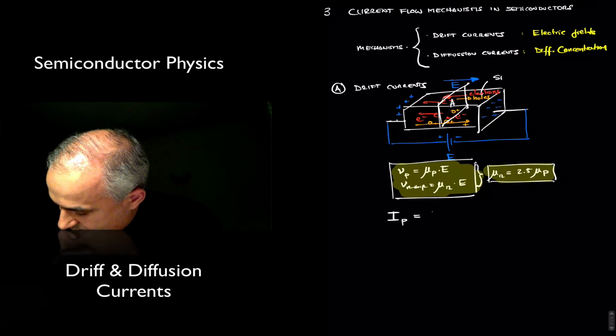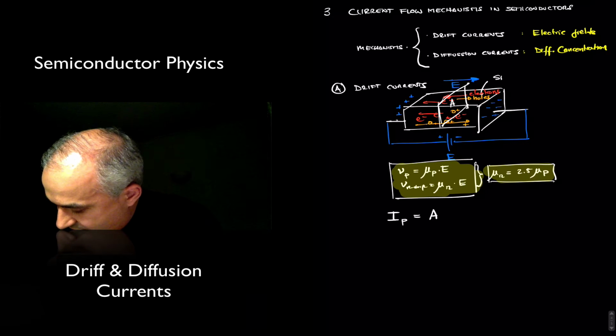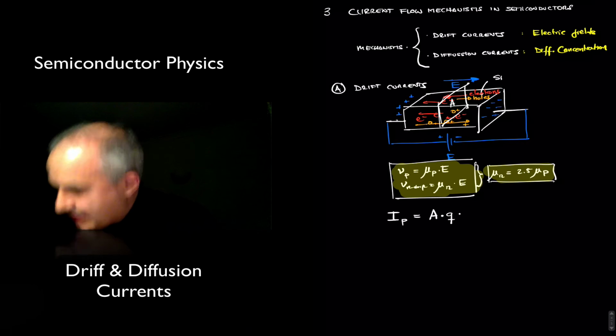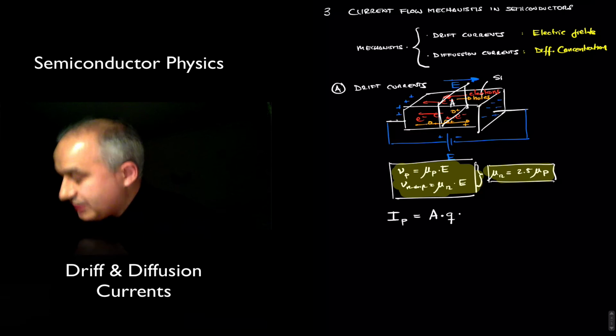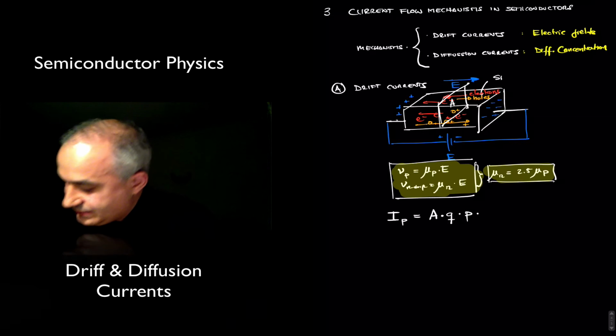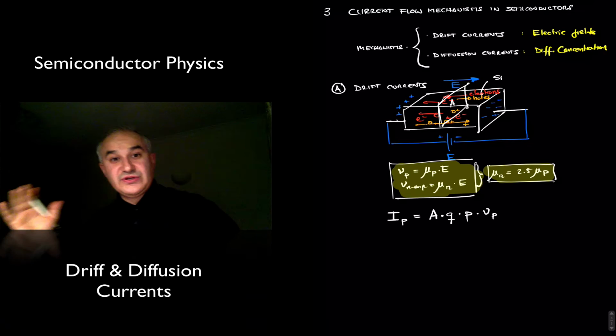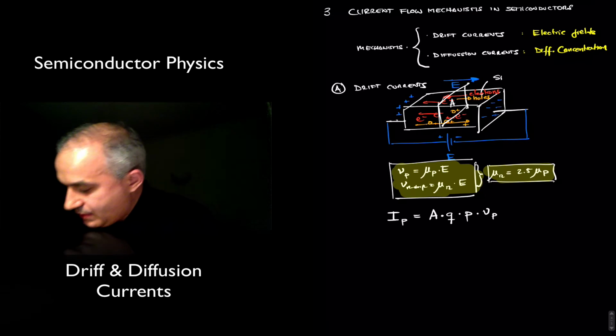It will be the area that you have times the charge times the concentration of holes that you have times the velocity, right? How many of those go through that area?